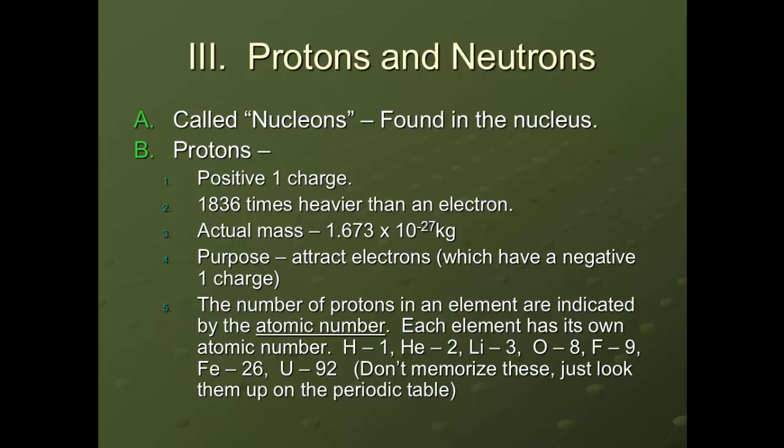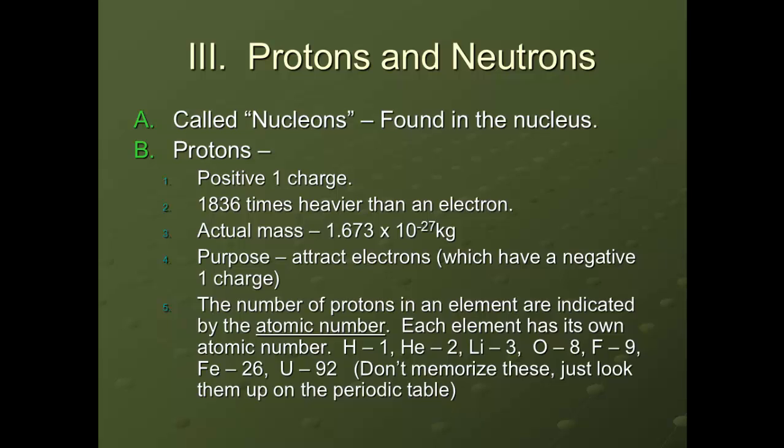Chances are you would once again weigh 150 pounds. And this is the way atoms work. Although we have protons, neutrons, and electrons in an atom, an electron is so light compared to everything else that when we start talking about the mass of atoms, we very rarely worry about the mass of an electron because it's so much smaller than your protons and neutrons.